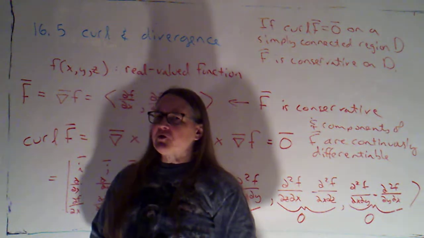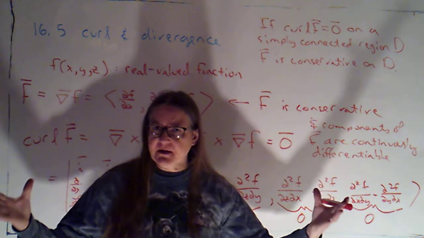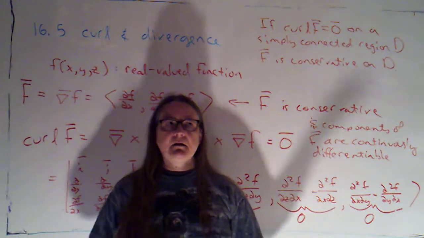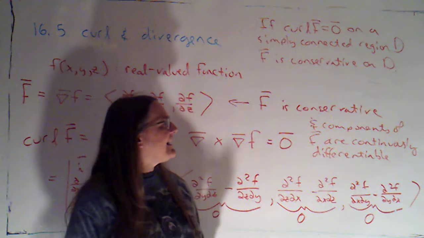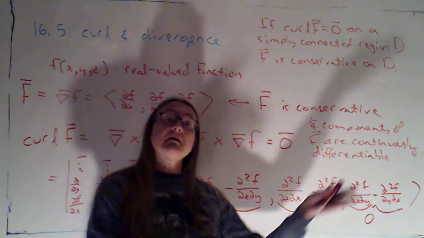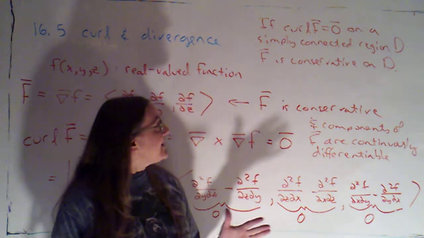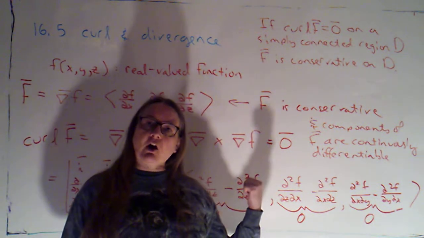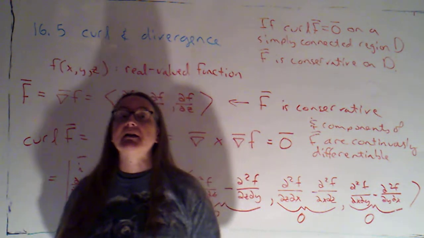That's a little bit trickier to define precisely in 3 space, but all of 3 space is simply connected. 3 space minus the origin is not, it has a hole in it. And anything that's a little less obvious than that, I would simply tell you, by the way, this region is or is not simply connected. Okay. All right, excellent. So we can now use curl as our test for whether we have a conservative vector field when we're working in 3 space.